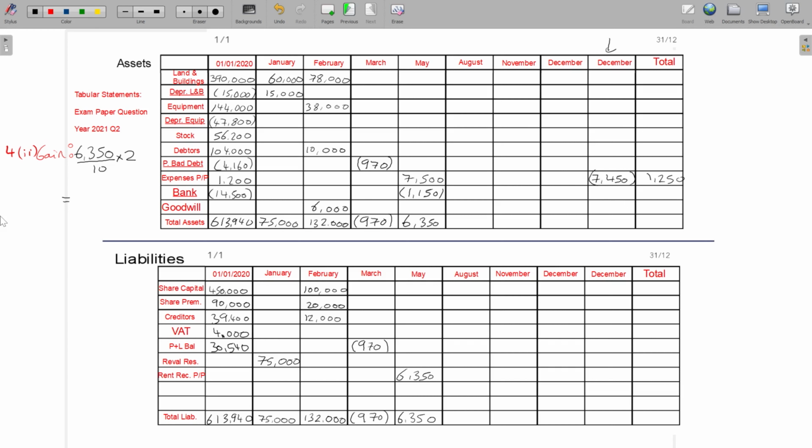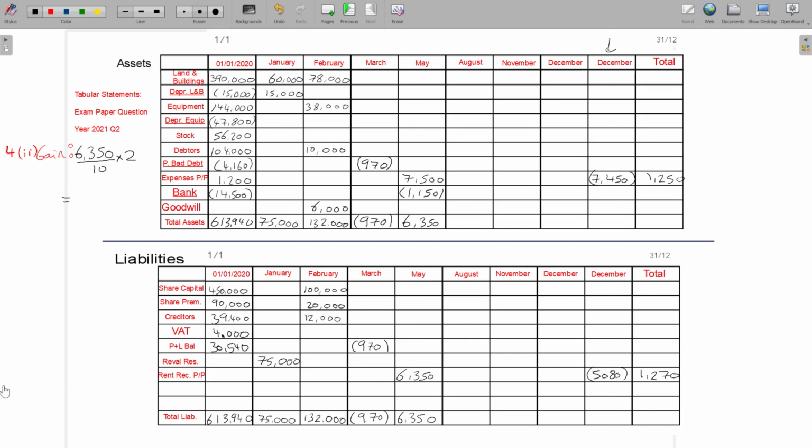So in the total, we'll have 6,350 divided by 10, multiplied by 2, and we get 1,270. So if we take that away from 6,350, it means that that is the amount that is being used up for 2020.